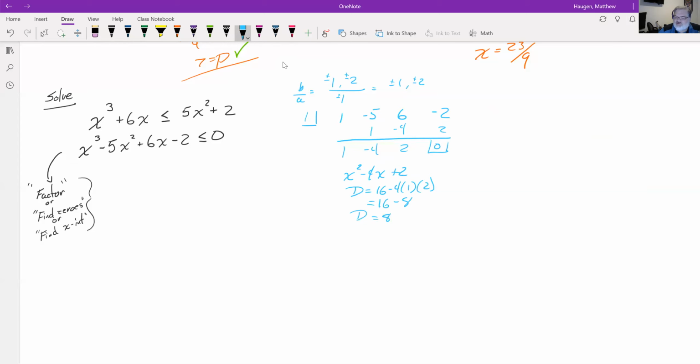So it's going to have some real solutions. So our x value is the opposite of b, so 4 plus or minus the square root of our discriminant, over 2 times 1. So 4 plus or minus 2 square root of 2 over 2, or 2 plus or minus the square root of 2.